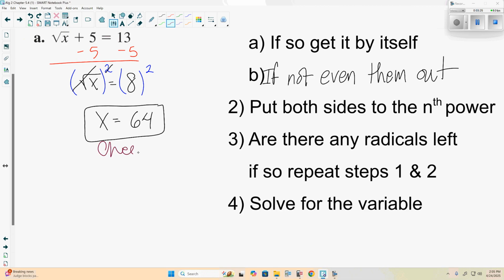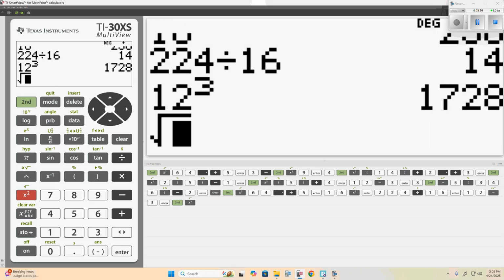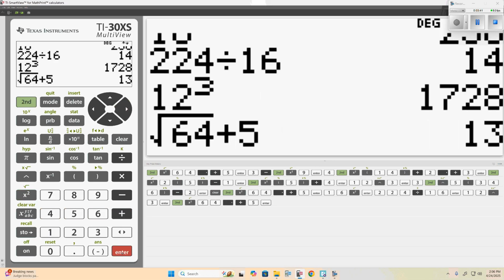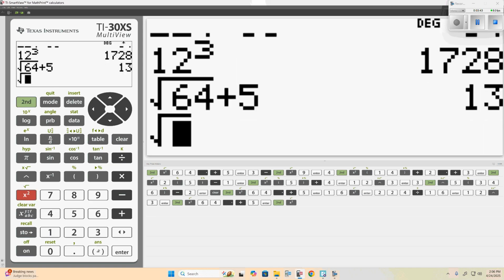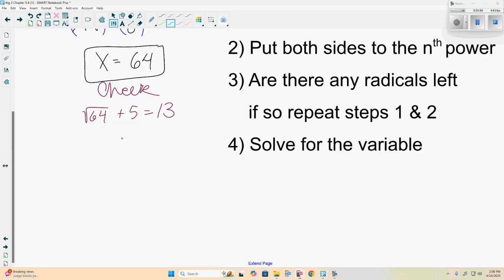Now at this point we can check. Square root of 64 plus 5 equals 13. So second, square root of 64 plus 5 is 13. Now part of the reason we don't have negative 64, there's not a number that times itself is negative. We can't have a negative. I was just saying that we can't have negative 64, it's just 64.